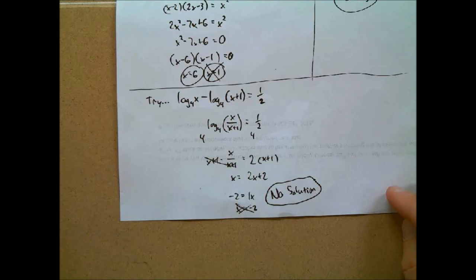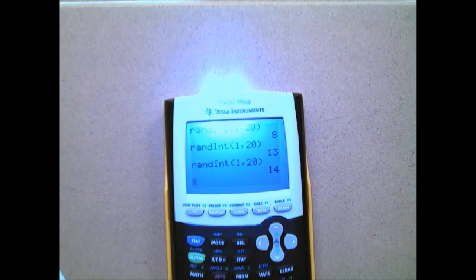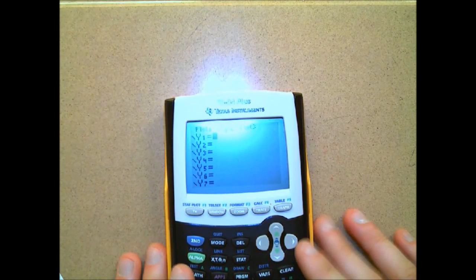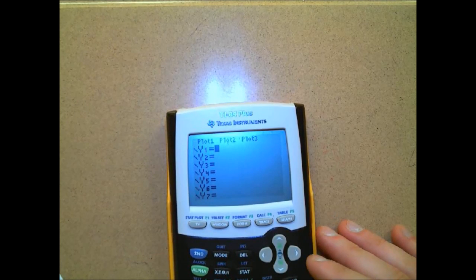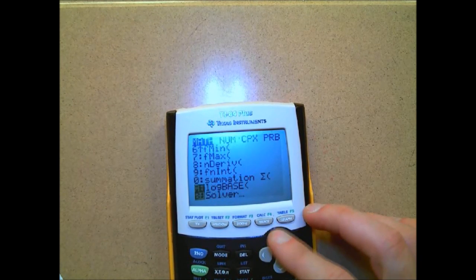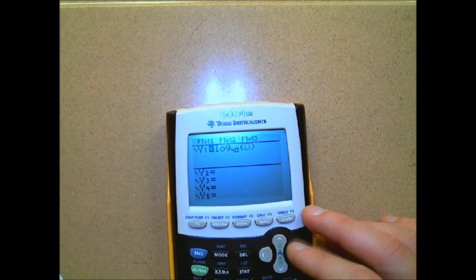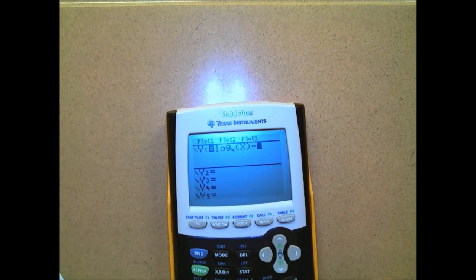If you wanted to use that whole idea of graphing on your graphing calculator, remember that any equation you ever run across, you can solve by graphing the left-hand side, graphing the right-hand side, and finding that point of intersection. If you have log base, it's easy: you just put the 4 in, put the x in, then do minus log base 4 of x plus 1, et cetera.